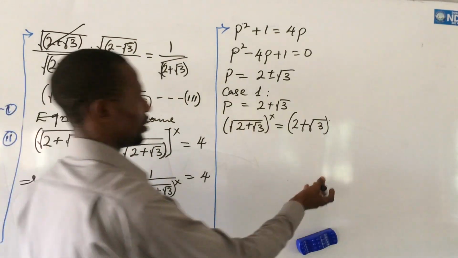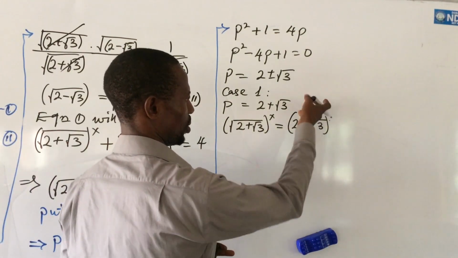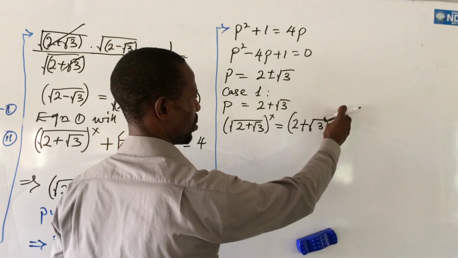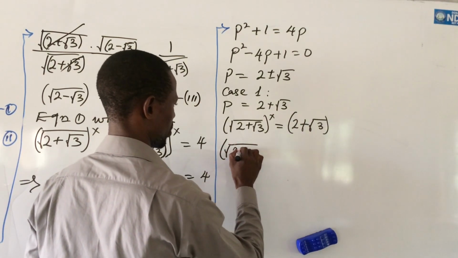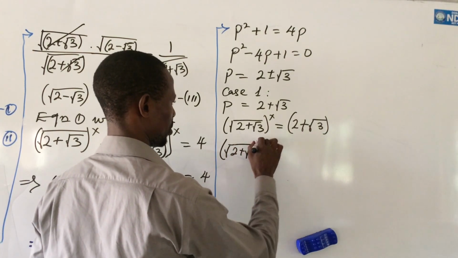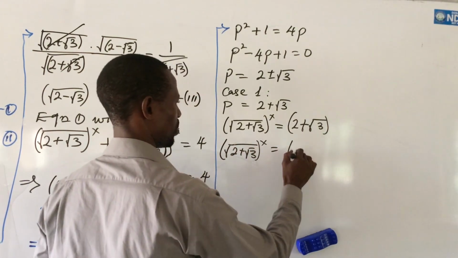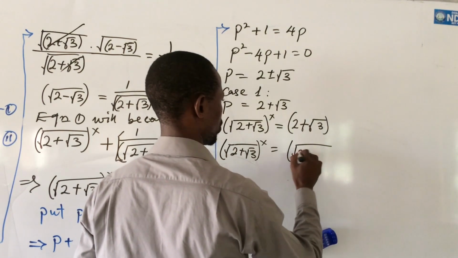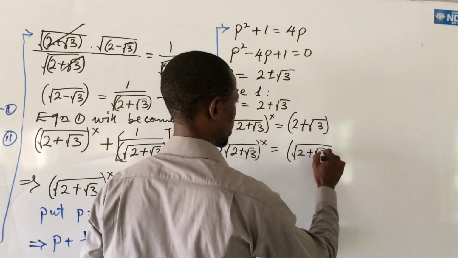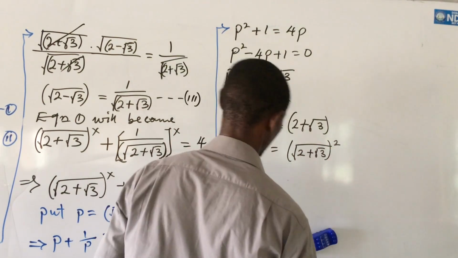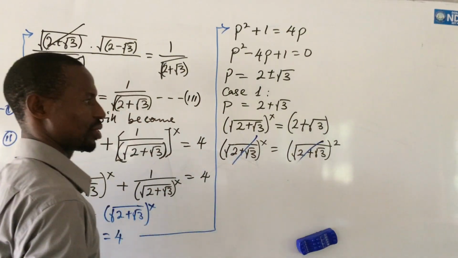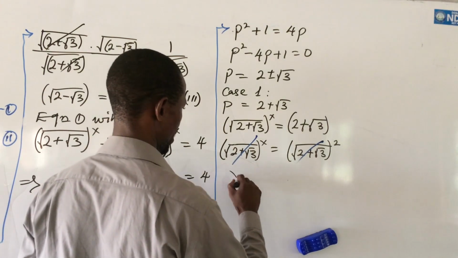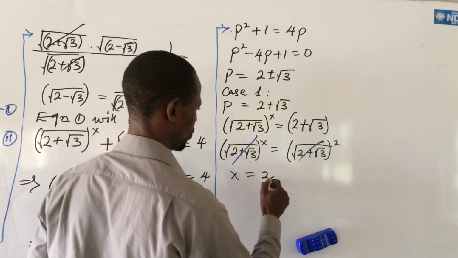Just a matter of introducing your square root and a power of 2 to this other side. So we have here root 2 plus root 3 all to the power of x equal to bracket root 2 plus root 3 all to the power of 2. Since the two brackets are the same, this and this will leave. So we now have our x equal to 2.